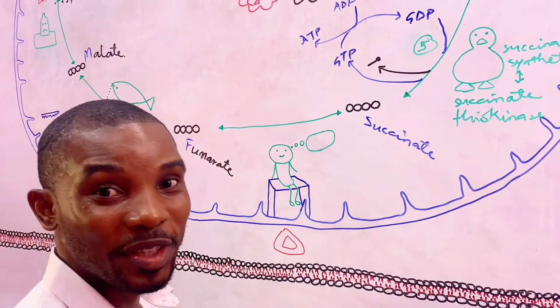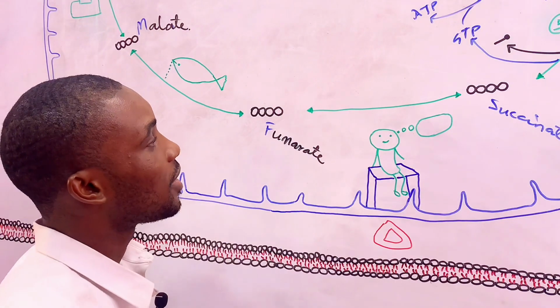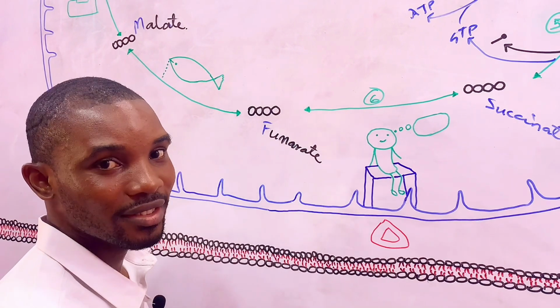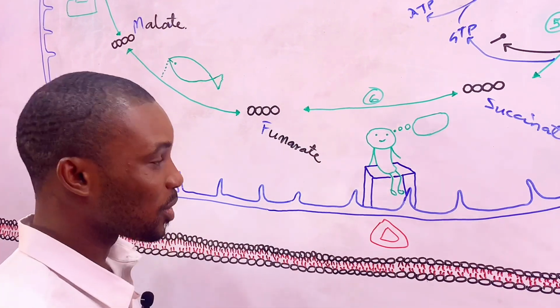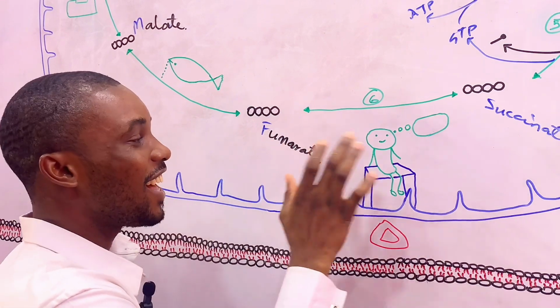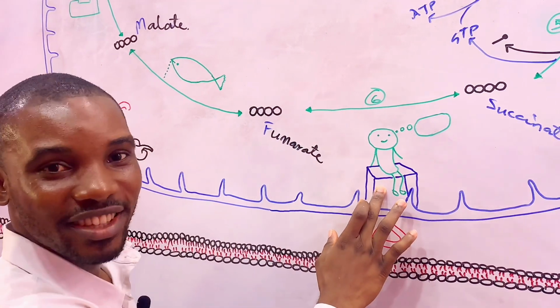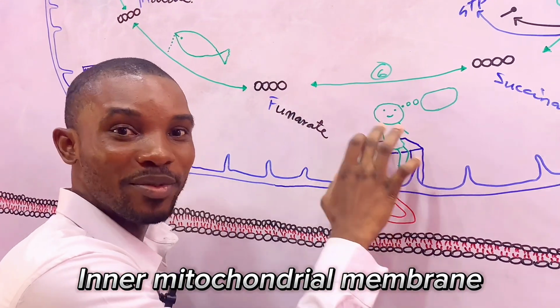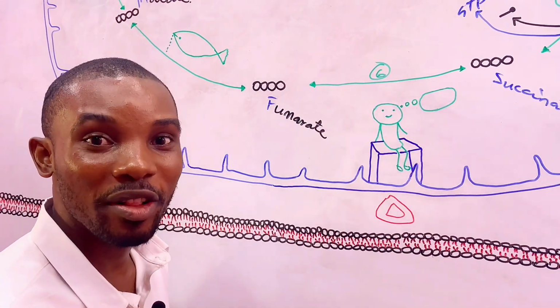Let's go over to reaction 6. Is it irreversible? No, reversible. Succinate is converted to fumarate. Now, this enzyme sits on the inner mitochondrial membrane.